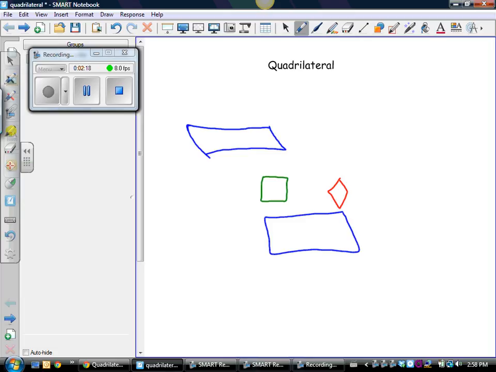What did you make? And how do you know that it's a quadrilateral? Okay. And can anyone else draw me?